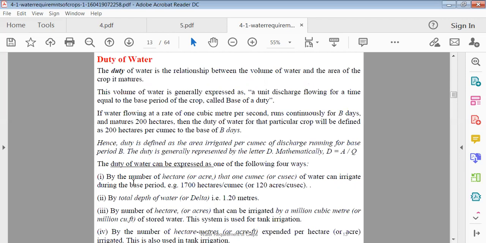Okay, so now the duty of water can be expressed. There are four terms to express this: by the number of hectares or acres that one cubic can carry, by the total depth of the water, by the total number of hectares in terms of cubic meter, and by the total number of hectare meter.